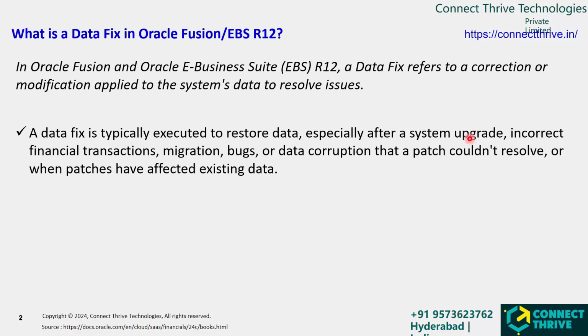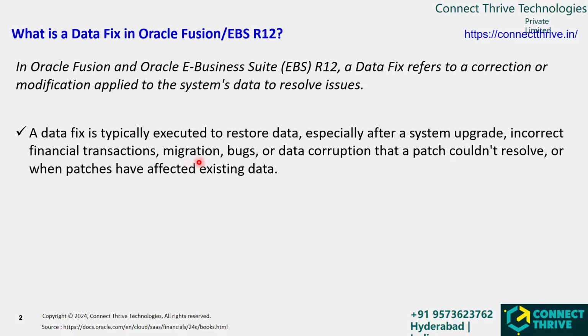Whenever we upgrade our system to the latest version, we may get form issues, accounting issues, or weird behavior from the application. At the same time, with incorrect financial transactions, accounting entries sometimes may be generated correctly, and sometimes not.